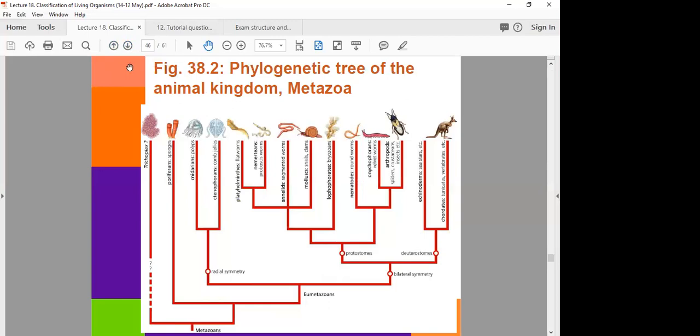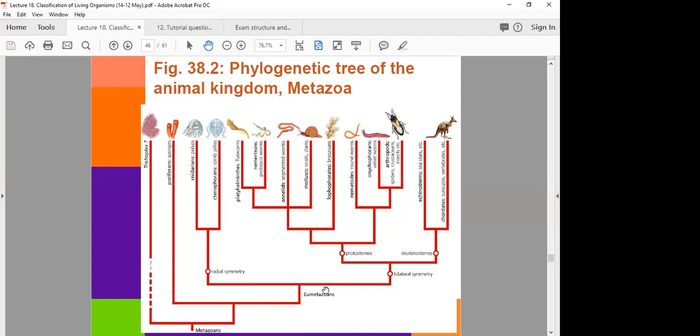All right, so here we just have a phylogenetic tree of the animal kingdom. And let's have a look down here. So here we're looking at the eumetazoans, and we can see that that's splitting off here to the left. So animals with radial symmetry, which includes just these two branches here.